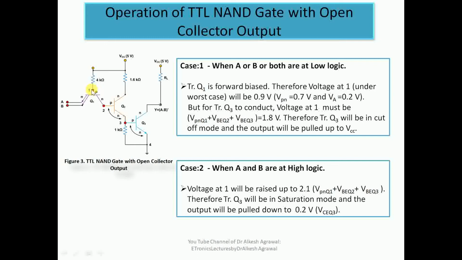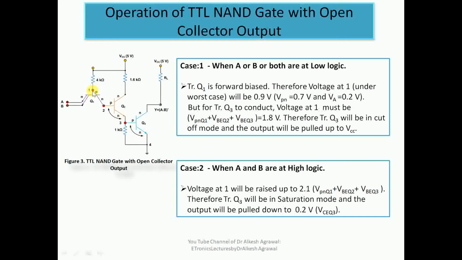So the potential at this point, which is assumed to be 0.9 volt, is not sufficient to drive Q2 and Q3 on. Why? Because for Q2 and Q3 to be on, the potential at this point, that is at P, should be VBE of Q1 0.6 volt, VBE Q2 0.6 volt, and VBE Q3 0.6 volt.